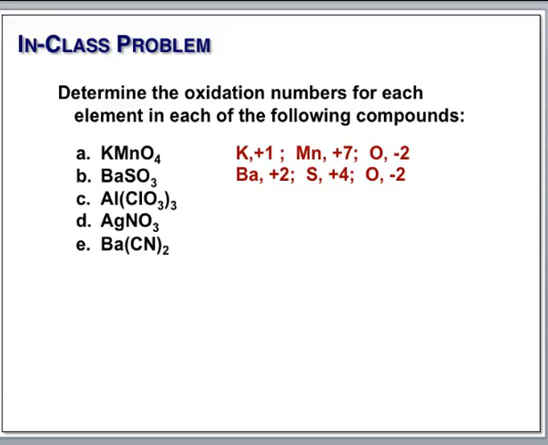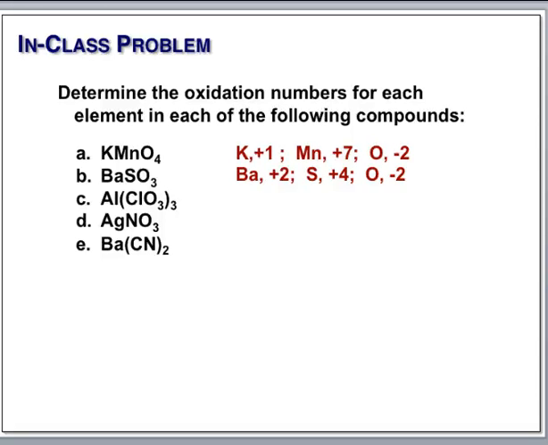Aluminum, a group 3 metal, this will be +3. Okay, no problem. Let's look at our chlorate. Inside of our chlorate, the oxygens are going to be -2, aren't they? So that's a total of 6 negatives. And chlorate itself is -1. So that means we have to have 1 negative left over.